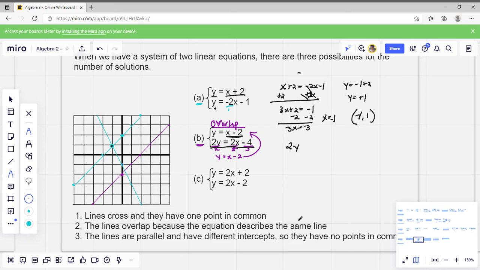So we have 2y equals 2 times x minus 2 minus 4, and we would have 2y equals 2x minus 2 times 2 is 4 minus 4.